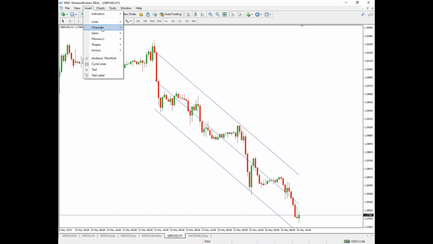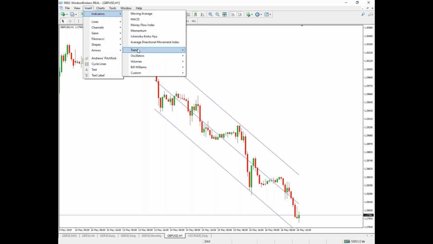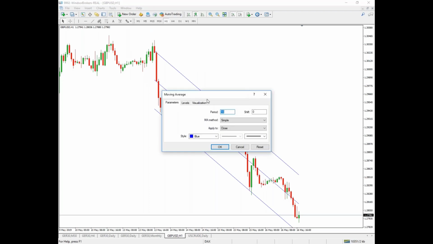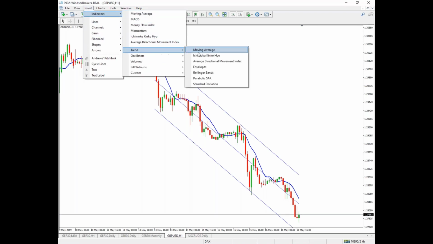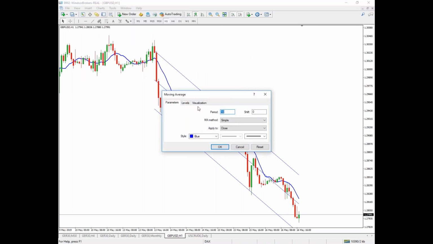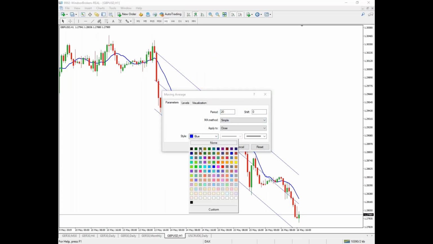Let's talk about the next important trend indicator, the moving average. Let's put a 10 days simple moving average as the first one. It's a blue line. To have more indication, we are going to add, let's say, a 20 days moving average, in a different color.